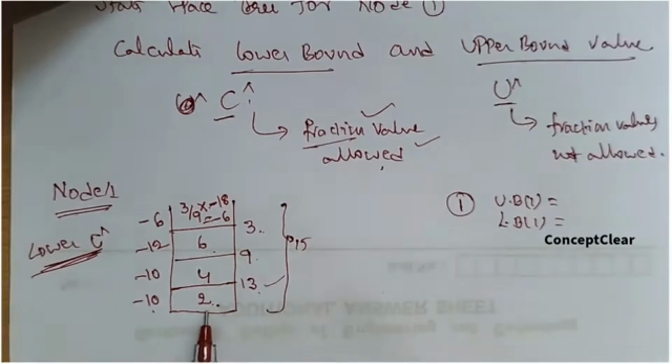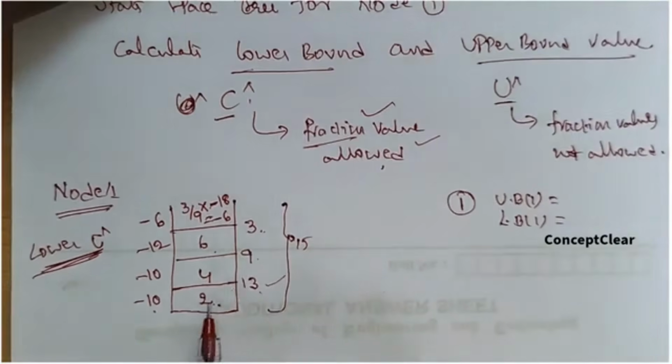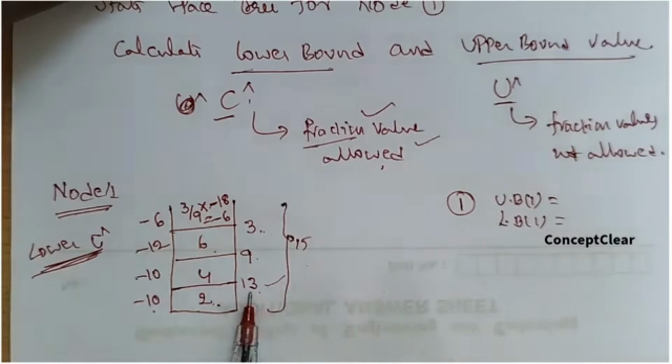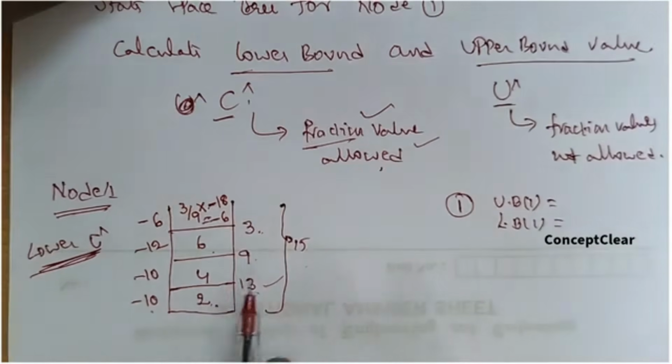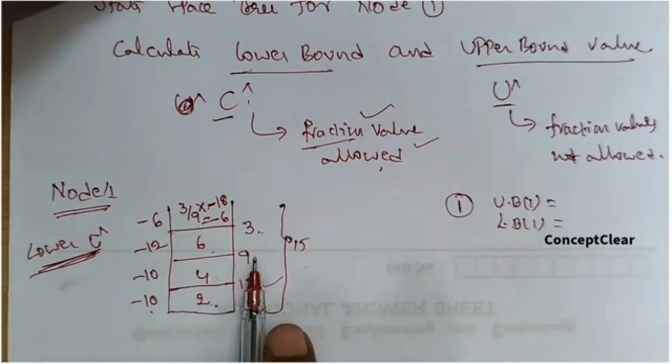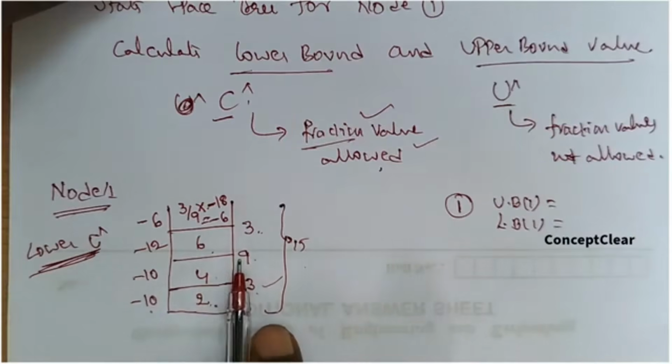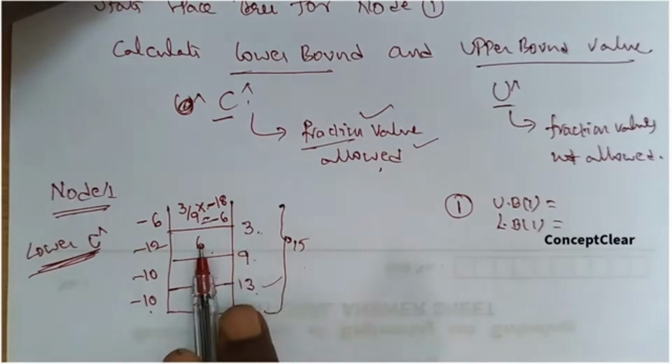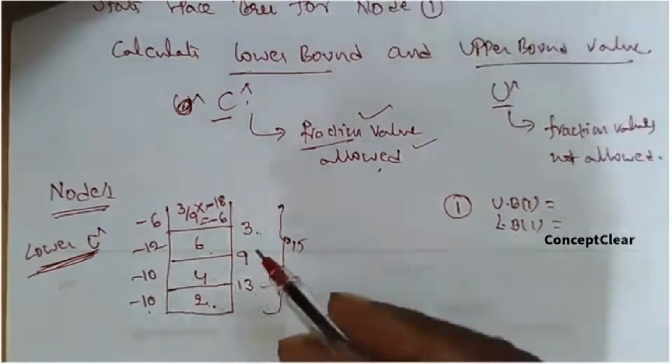Here first you placed the first object, weight 2. The total is 15, so the remaining is 13, and the profit is 10. The second object's weight is 4, so we placed 4; the remaining is 9 and the profit is 10. The third object is 6; the remaining is 3 and the profit is 12. Then what about the lower bound?